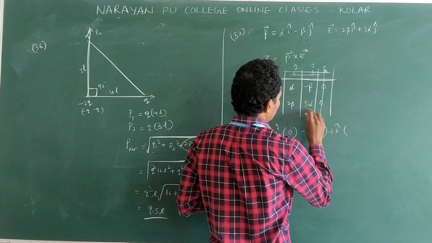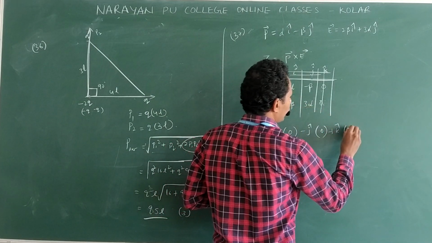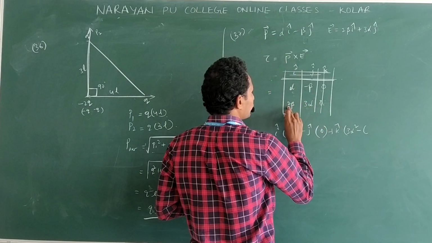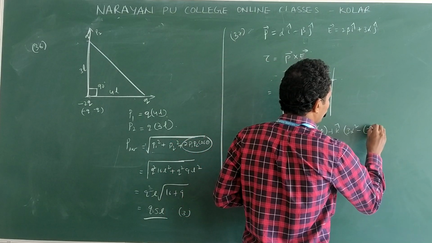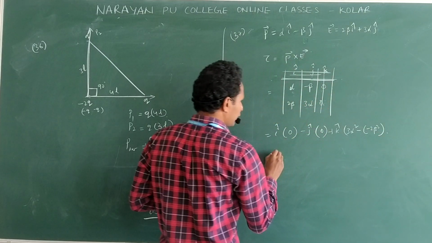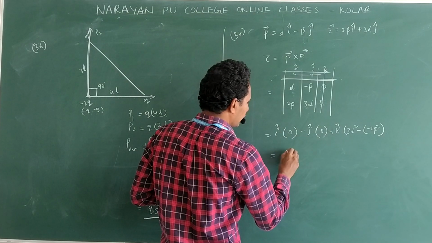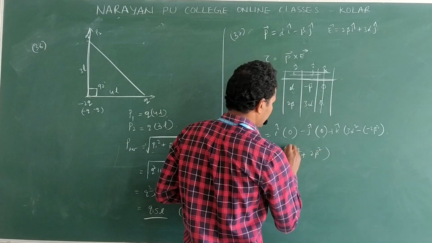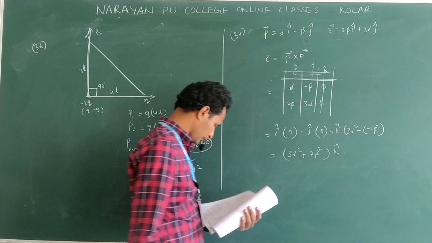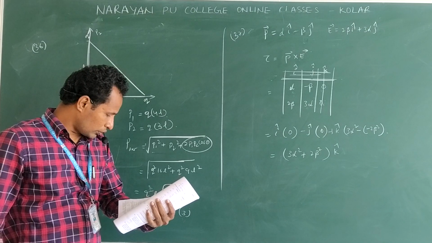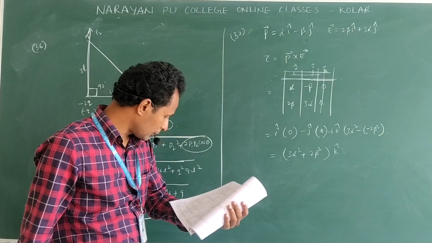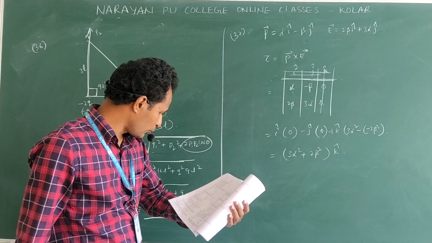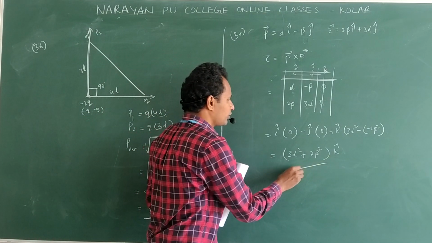What do you get? 3 alpha into alpha, that is 3 alpha square, minus beta into 2 beta, that is 2 beta square. Then the other two values are 0. Then 3 alpha square plus 2 beta square into k cap. Clear? Option 1 is correct.